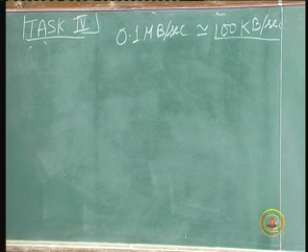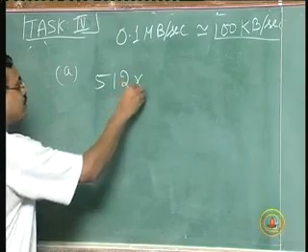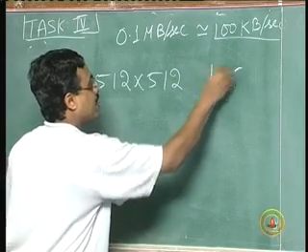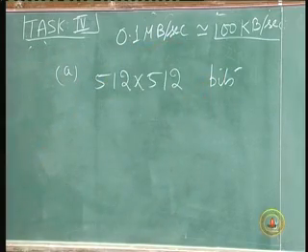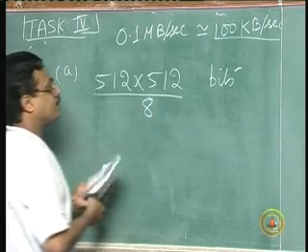You can take that, and then ask how much time would be necessary to load pixmaps with a given resolution. The first problem talks about 512 multiplied by 512 into 1 bit each. It is in bits, so to transfer this into bytes, I must divide it by 8.